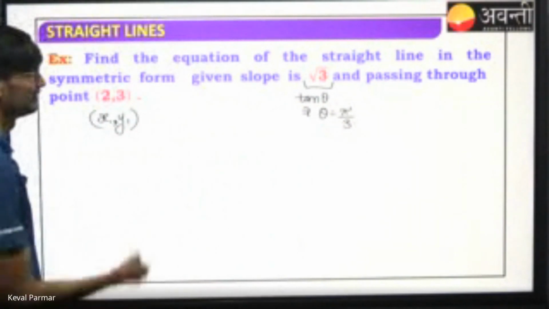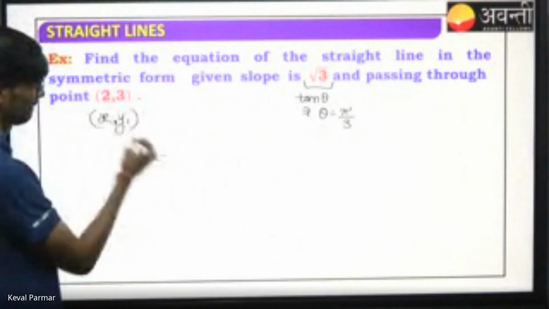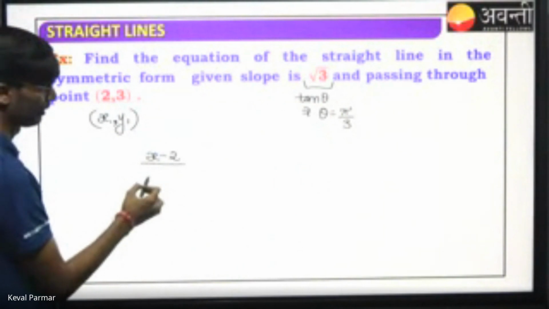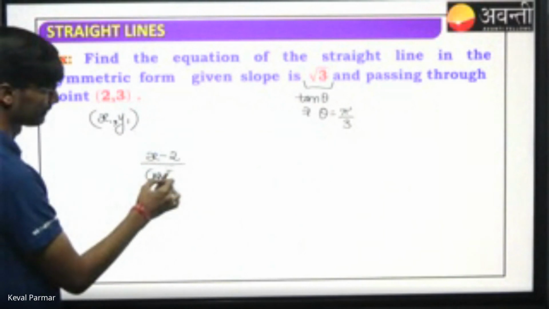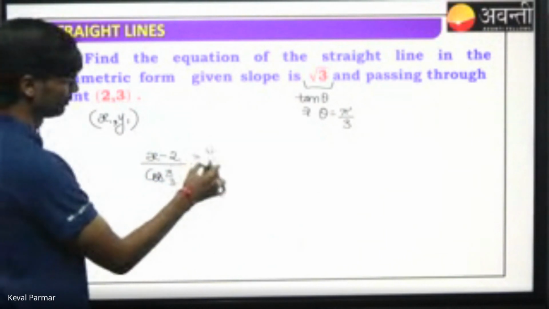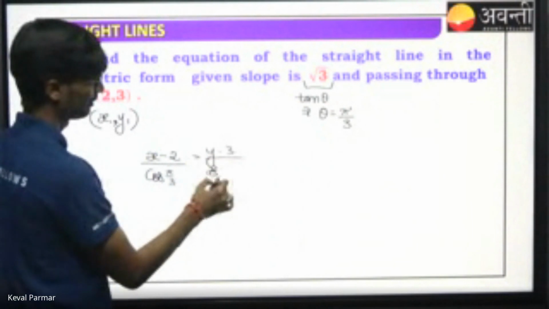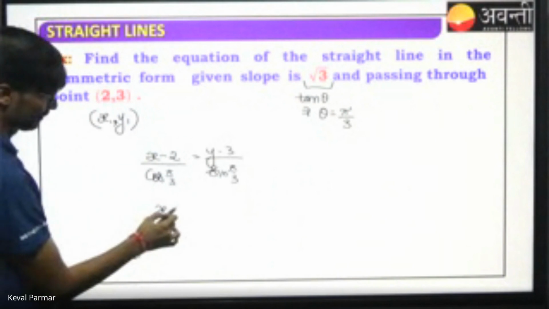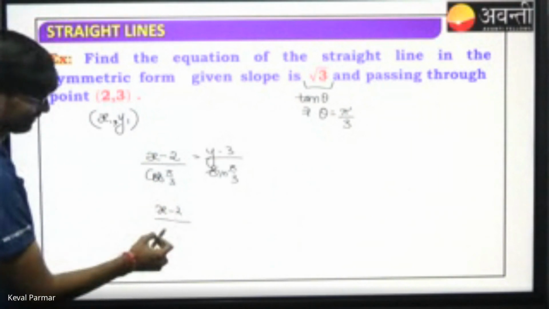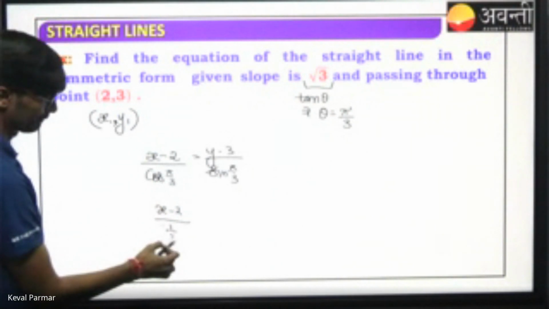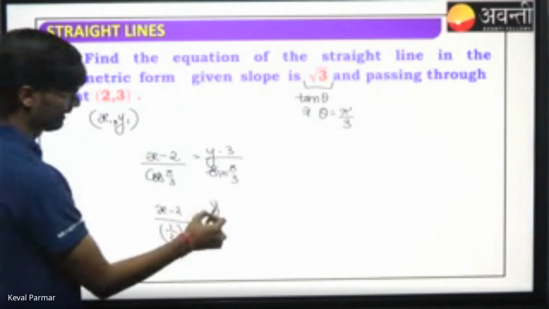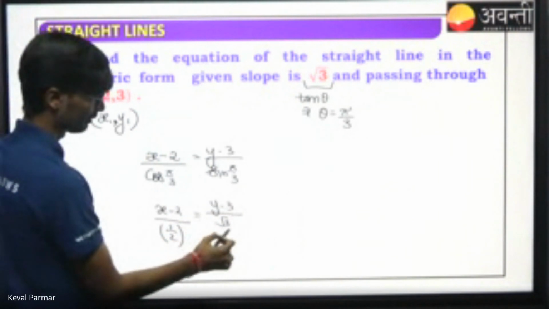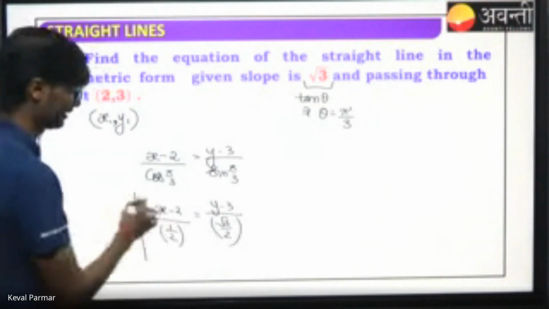So what will be the symmetric form? x minus x1 upon cos theta equals y minus y1 upon sin theta. So this will be x minus 2 upon cos 60, which is half, equals y minus 3 upon root 3 by 2. This is my answer.